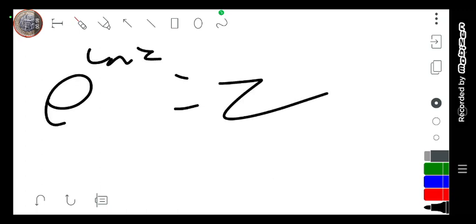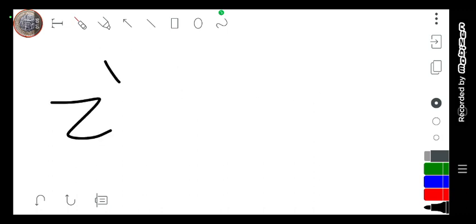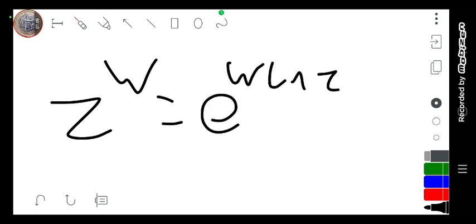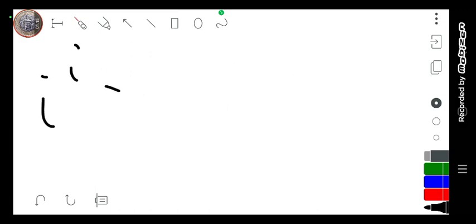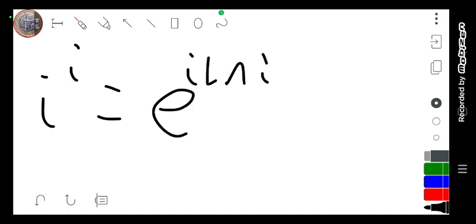This is just equal because e and ln cancel out. And now z to the w is equal to e to the w times ln z because, like we just said, e to the ln z equals z. So that means i to the i in that form is e to the i ln i.